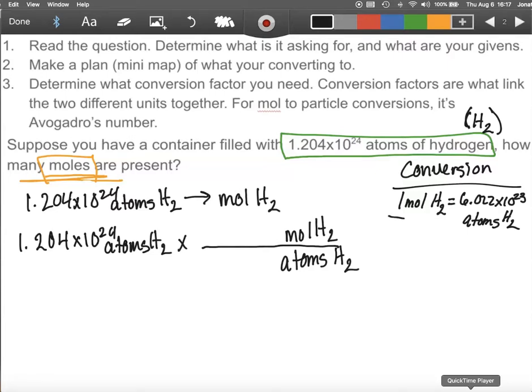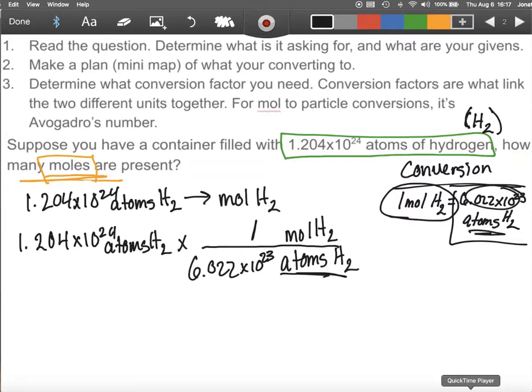It says 1 mole of H2 is equal to 6.022 times 10 to the 23rd atoms. So 6.022 times 10 to the 23rd atoms of H2 goes on the bottom, because atoms of H2 has that number in front of it. Same thing with the mole: the mole of H2 has a 1 in front of it in our conversion, so we'll put a 1 there.